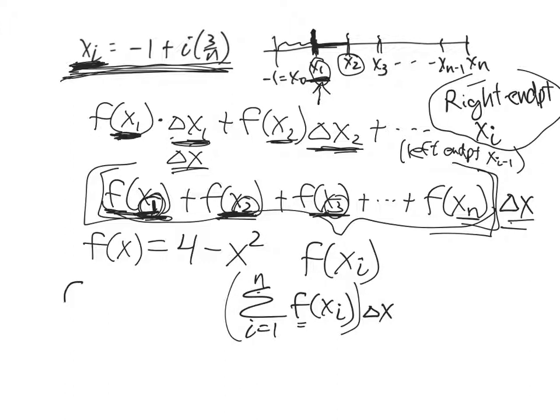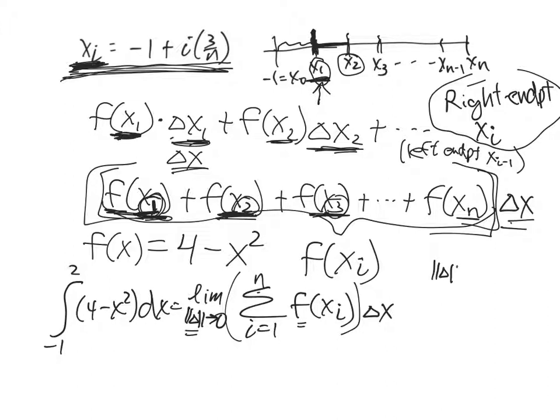Now, ultimately, as we calculate this definite integral, we've got to take the limit of all this stuff as the mesh approaches 0. Well, the mesh, let's go ahead and talk about that right now.